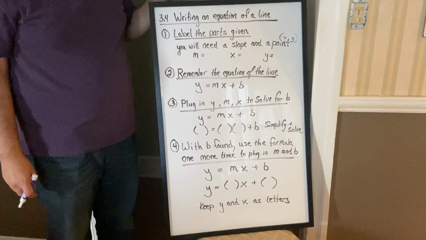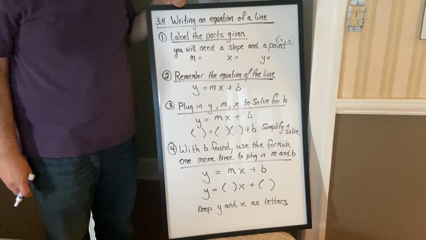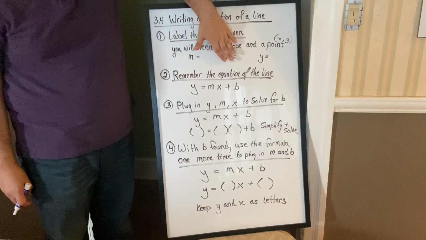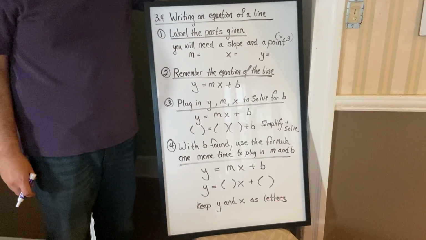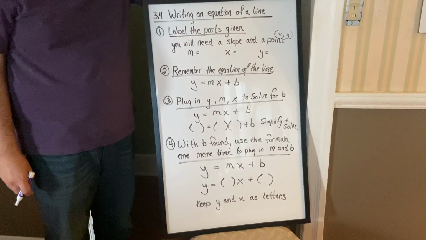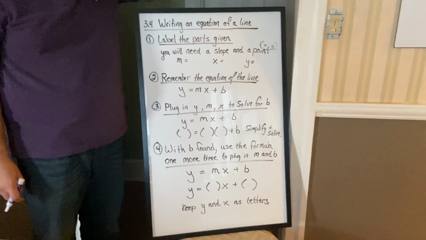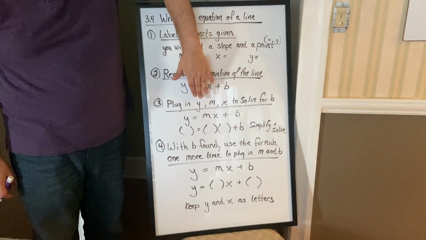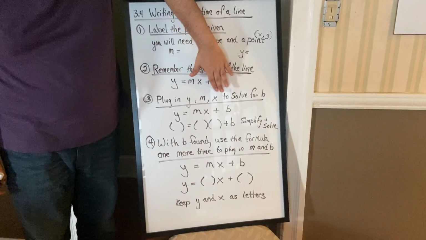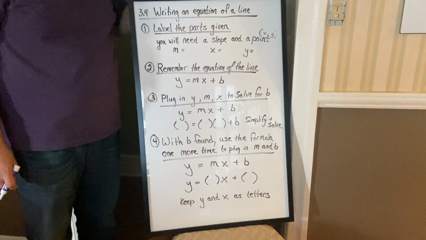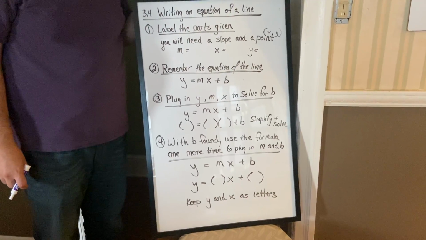Then, once I know what my m, x, and y are, I'm going to take my equation, that slope-intercept form, the only equation that we've been talking about for the last couple of topics, y equals mx plus b. We're going to plug in the y, the m, and the x, and solve for the variable b.